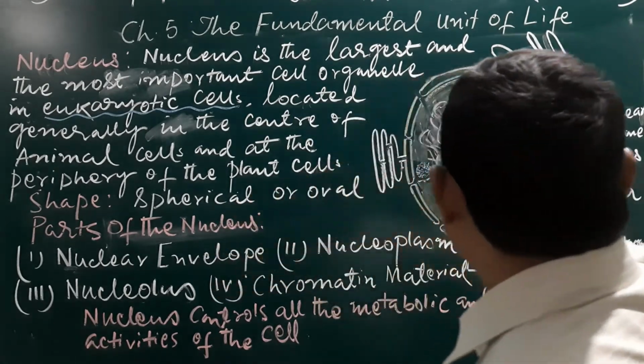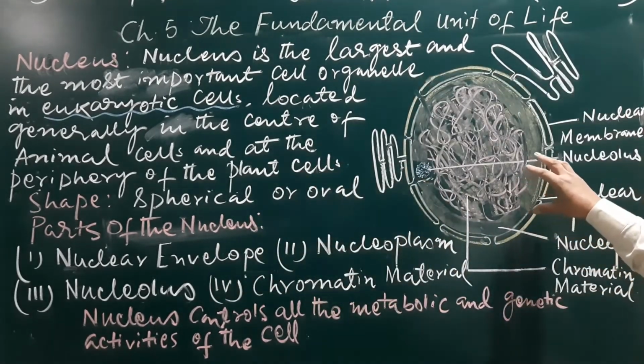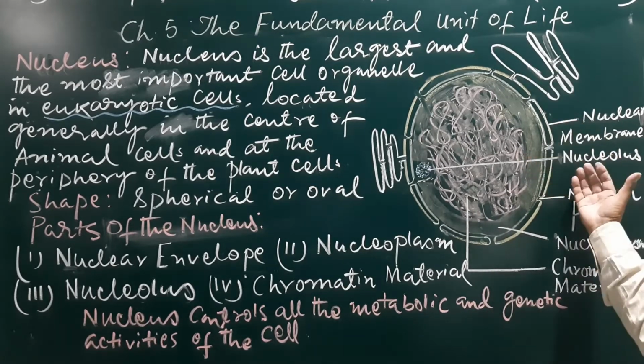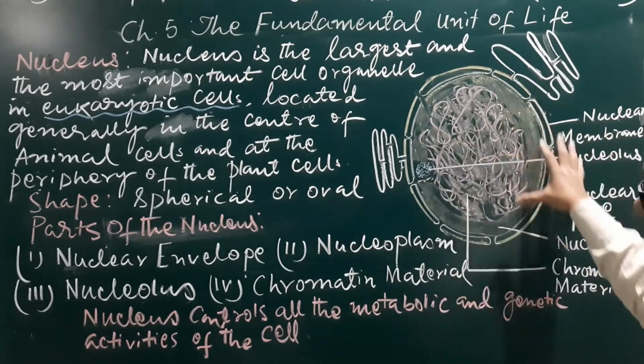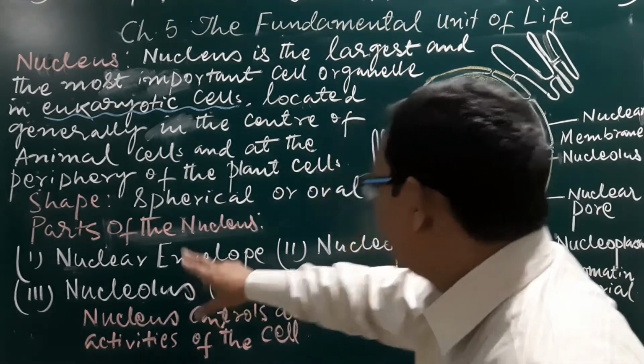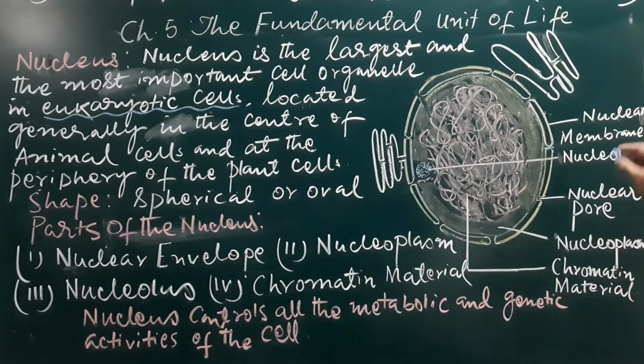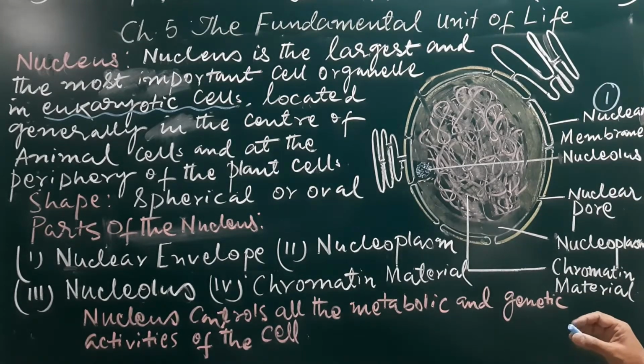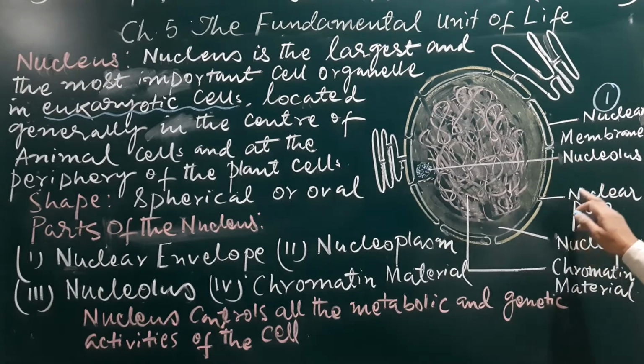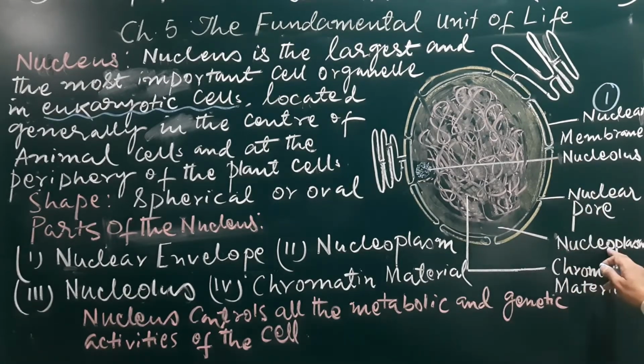Now look, once again we come to our main point, that is, what are the important parts. Very clearly there are 4 important parts. This is the first part, the nuclear membrane or the nuclear envelope, and the second important part is the nucleoplasm.